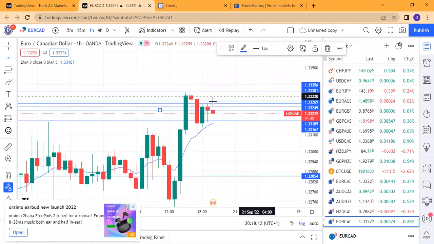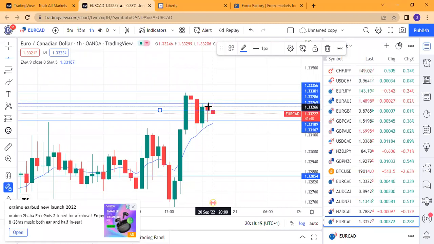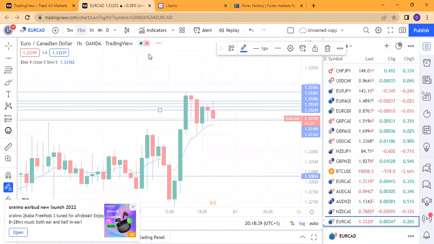I've gotten the upper body, upper wick of the present hourly and the previous hourly. The upper body of the present hourly and the upper body of the previous hourly. Now do that for the 15 minutes too.